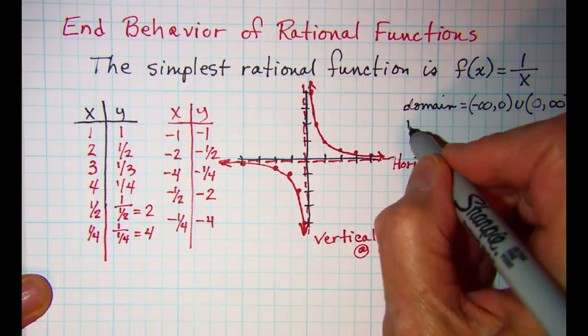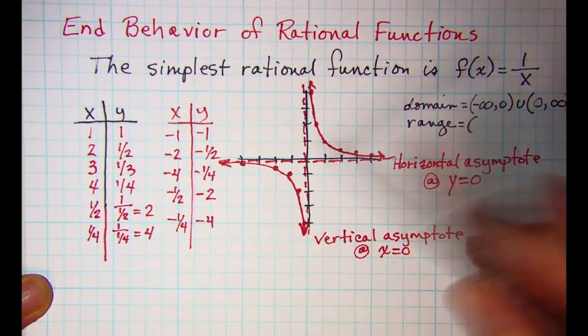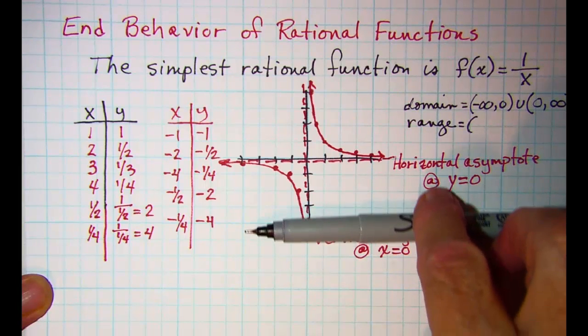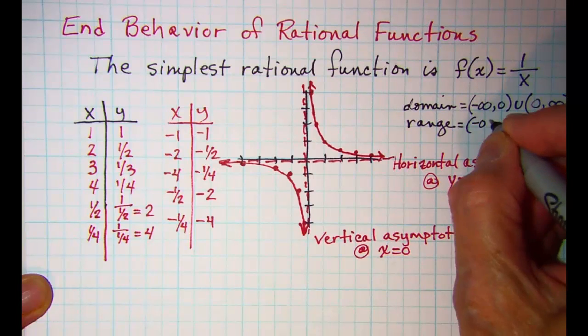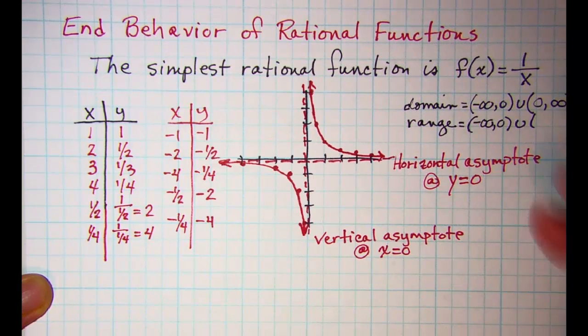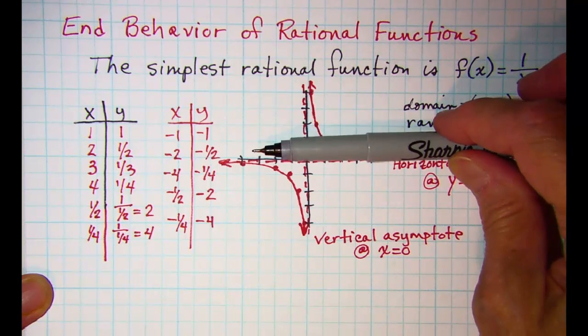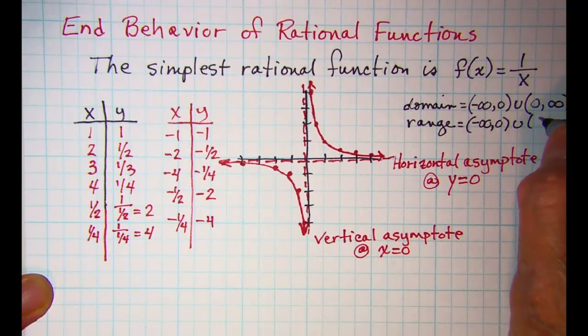Our range is similar. We would go from negative infinity up to 0, and then start back up on the other side of my x-axis and go up to infinity.